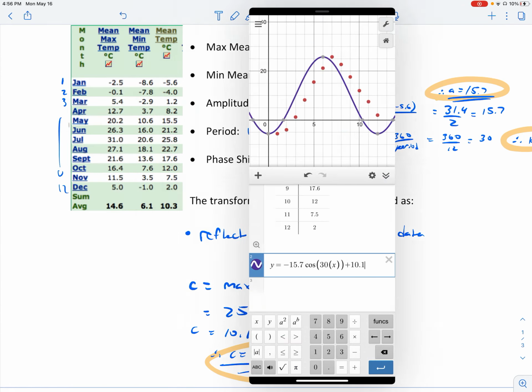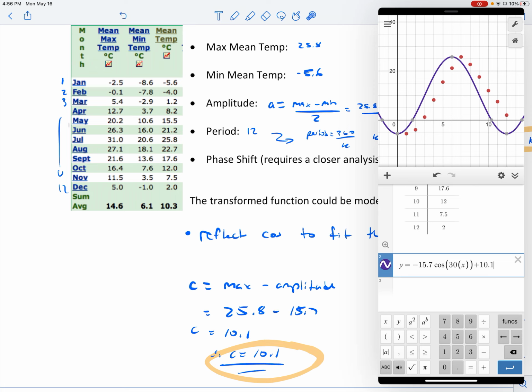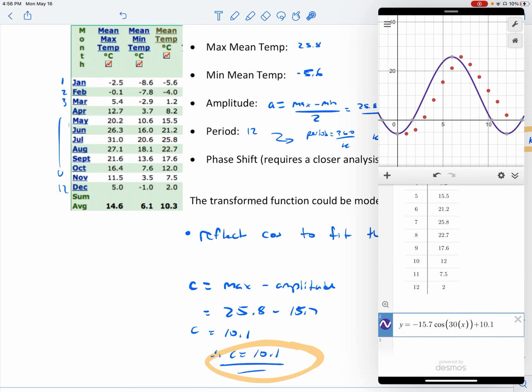So our data, though, as you can see in the graph, our minimum happens at 1, not at 0, like this red point. So I should take this other minimum point and move it over so that it lines up. So if we do a phase shift of 1 degree to the right, it'll line up perfectly. So let's write that here. Phase shift of 1 to the right.